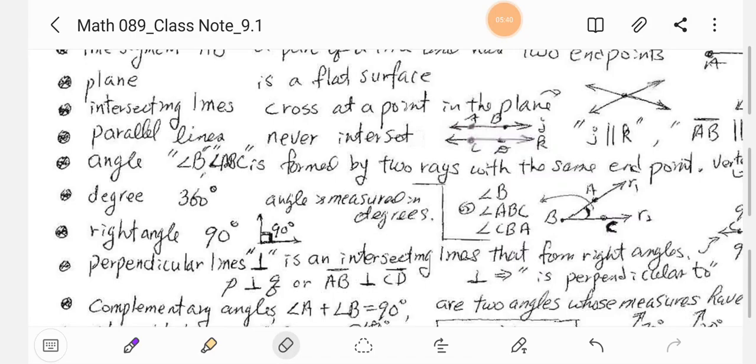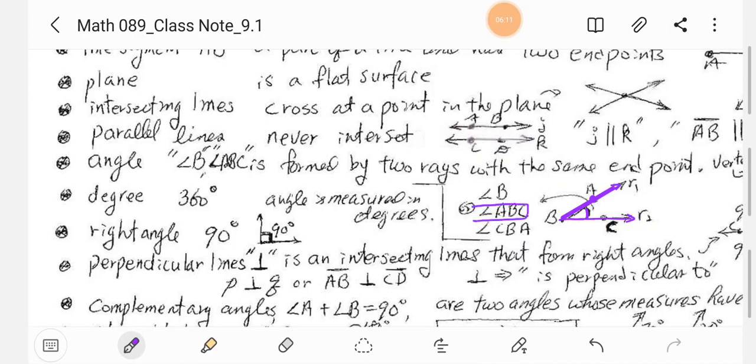For example, here is a letter B, right? Letter B, and then here is a ray going through point A, ray 1, and here's a point C, so starting from B to C, this is another ray. So angle B means between these two rays. How about angle ABC? Can we say angle ABC like this?